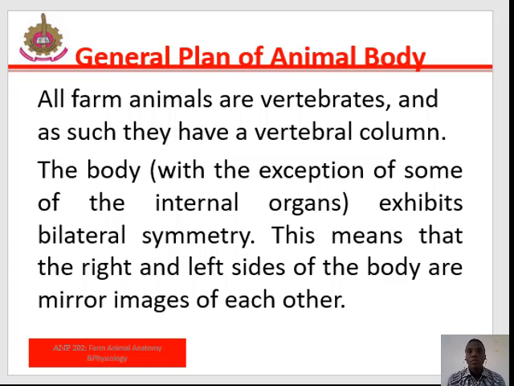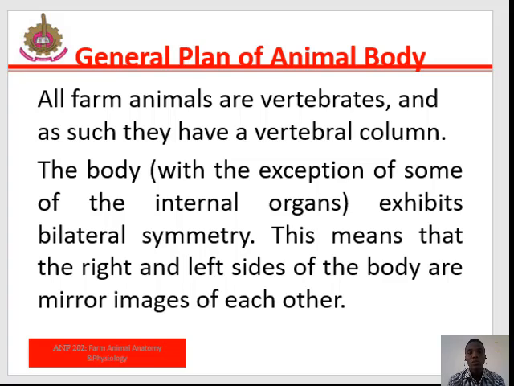General plan of the animal body. All farm animals are vertebrates, and as such they have a vertebral column. The body, with the exception of some of the internal organs, exhibits bilateral symmetry. This means that the right and the left side of the body are mirror images of each other. Similar right or left structures are called paired structures, such as a pair of gloves that are similar but not interchangeable.